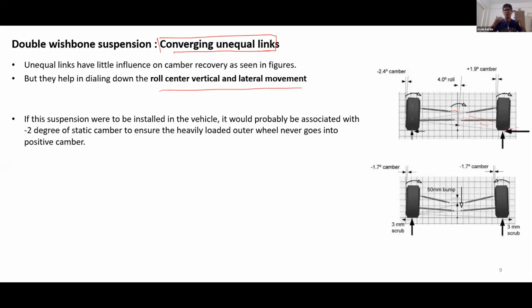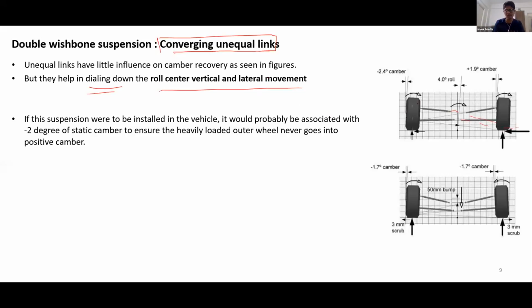We would like to minimize the roll center movement, because as your roll center moves up and down, even the amount of load transfer happening between your inner and the outer wheels also changes, right? Because your chassis is basically rolling over the roll center, right? So we need to dial down the roll center vertical and lateral movement.